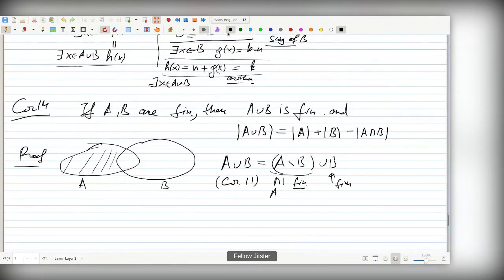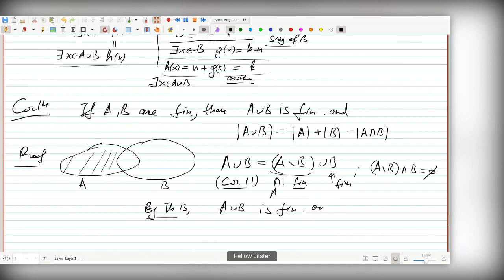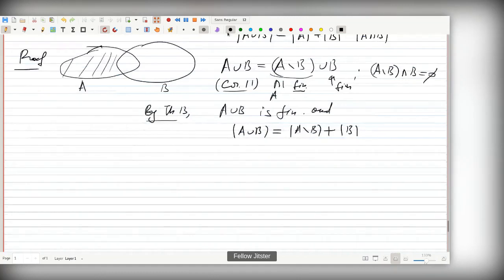So by corollary 11, we have that these two sets are finite, and needless to say, these sets are disjoint. So, by theorem 13, by the rule of thumb, we have that this set is indeed finite, and its cardinality, its size, its number of elements, equals the sum of the number of elements in this difference plus the number of elements in B.